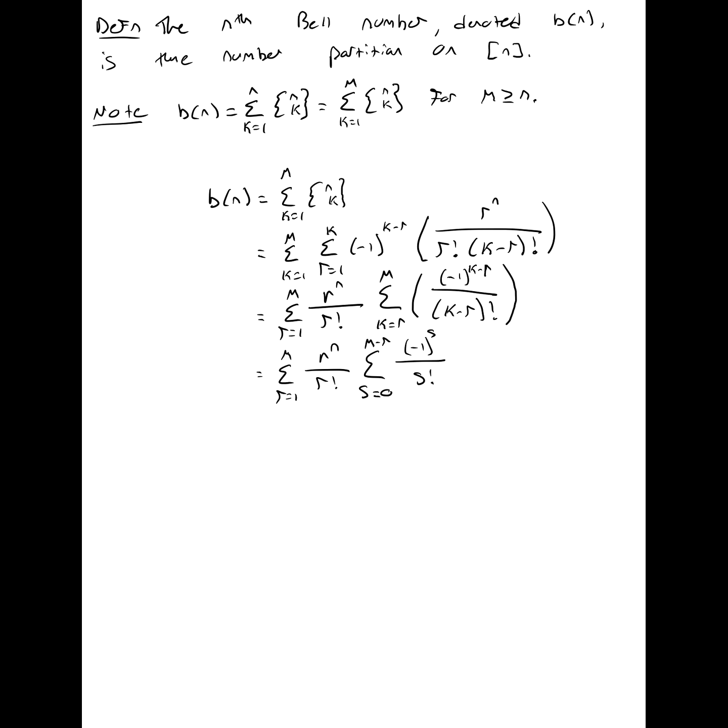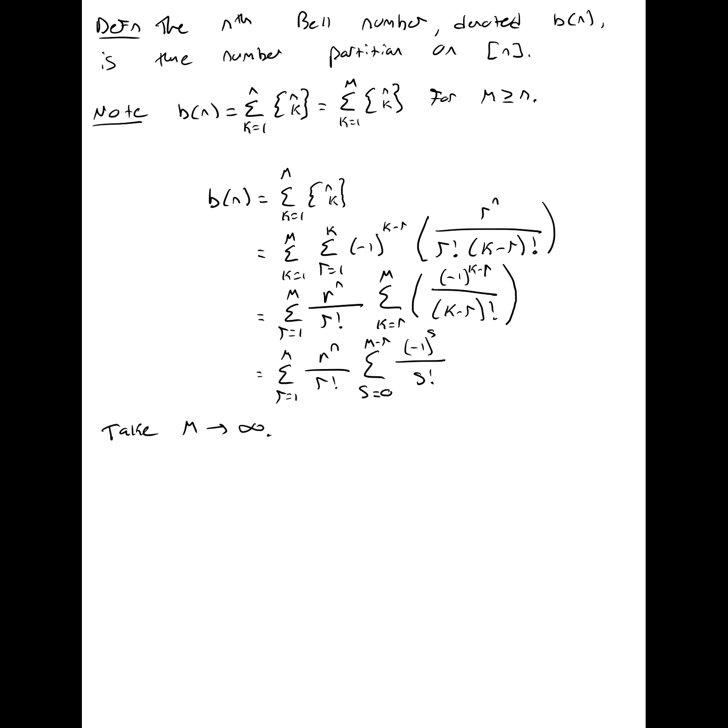Since it doesn't matter, we can take m as a limit to infinity. That sum will be the same, because if we go back up to the top, if k is larger than n, it's just going to evaluate to 0 anyway. It doesn't matter if we take m to infinity, this will still be the exact same sum.